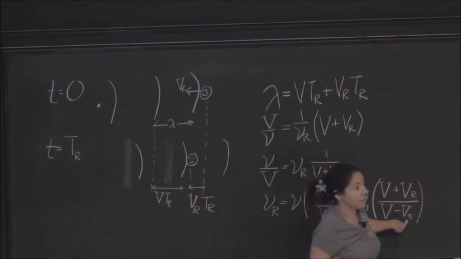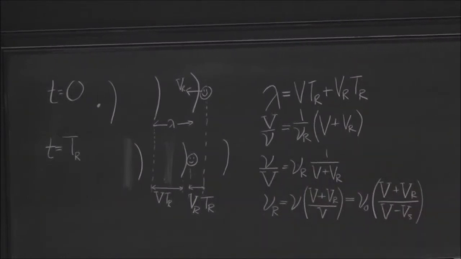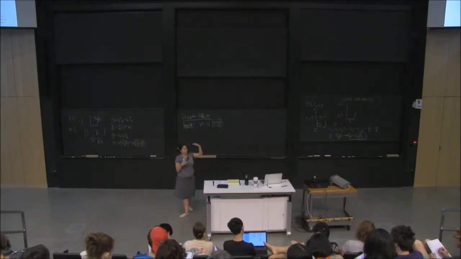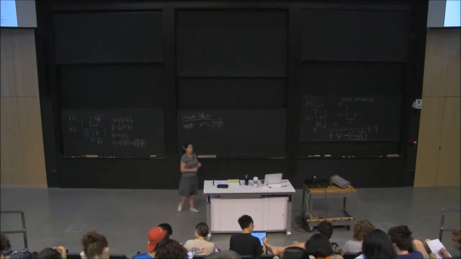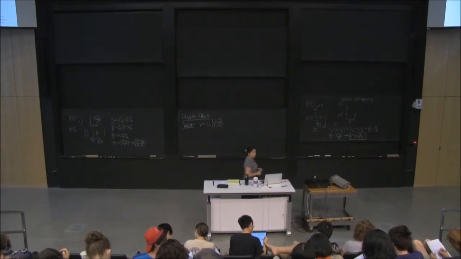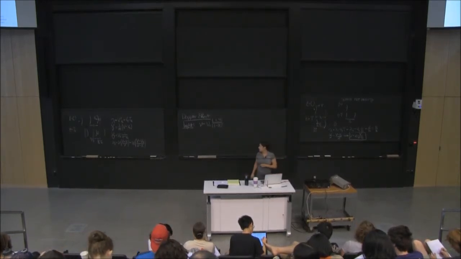If they're moving diagonally, not directly towards each other, would you take the component of the velocity pointing towards the other and use that for the calculation? Yes, you would take the component that is moving directly towards each other. And yes, this is the equation if they're both moving.